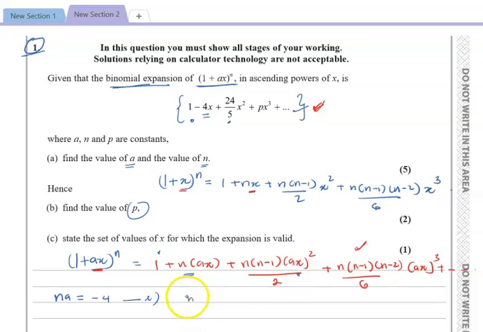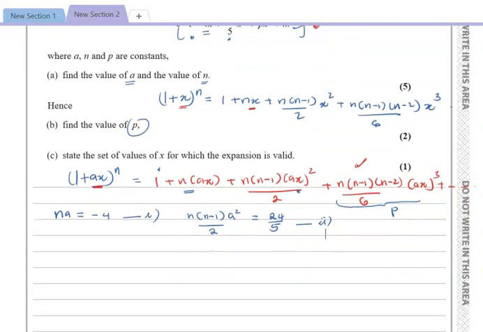It means that n into n minus 1 times a squared over 2 is equal to 24 over 5. And the next one will be all of this, multiplied by a cubed, is going to be the value of p. So we first concentrate on these two, and then we find p later. I'll scroll down.